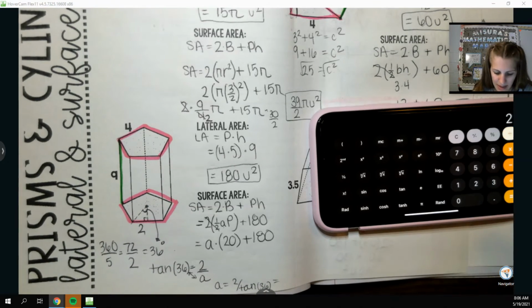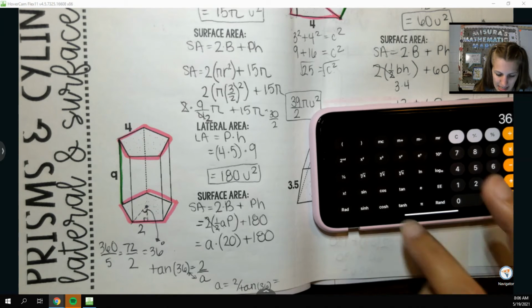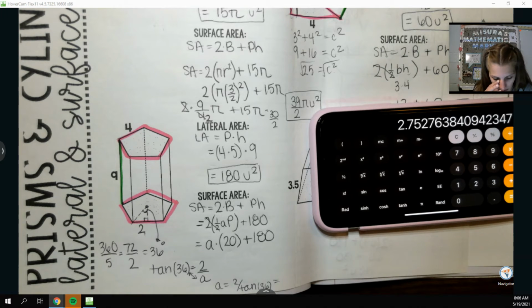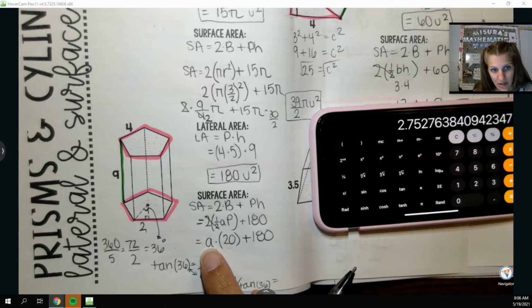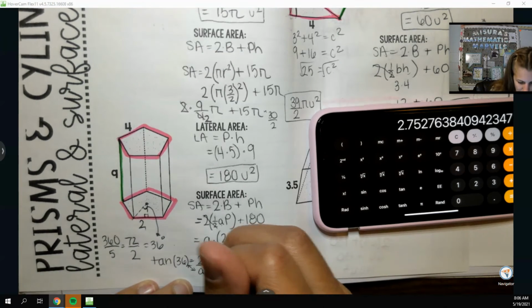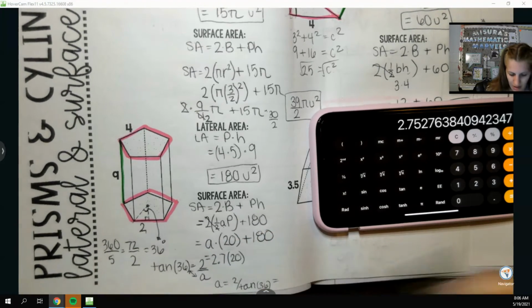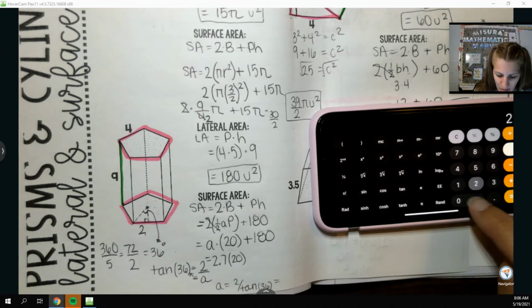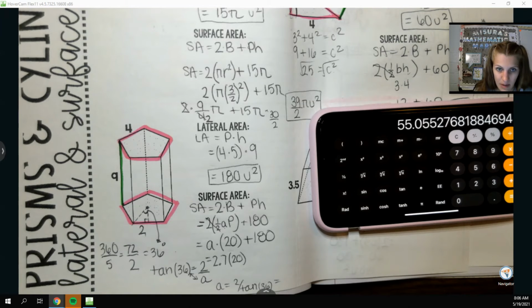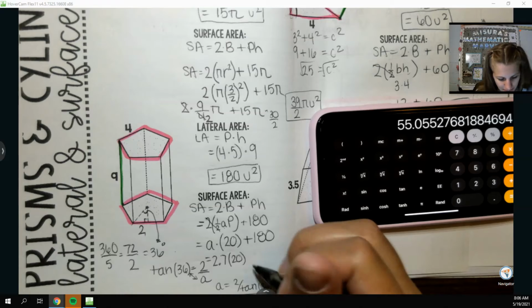So 2 divided by 36 tangent equals, and so this is my apothem, which I can put right here, but like the less I round, the better. So I'm going to actually multiply that by 20 right now. And then I'm going to have to add the 180.